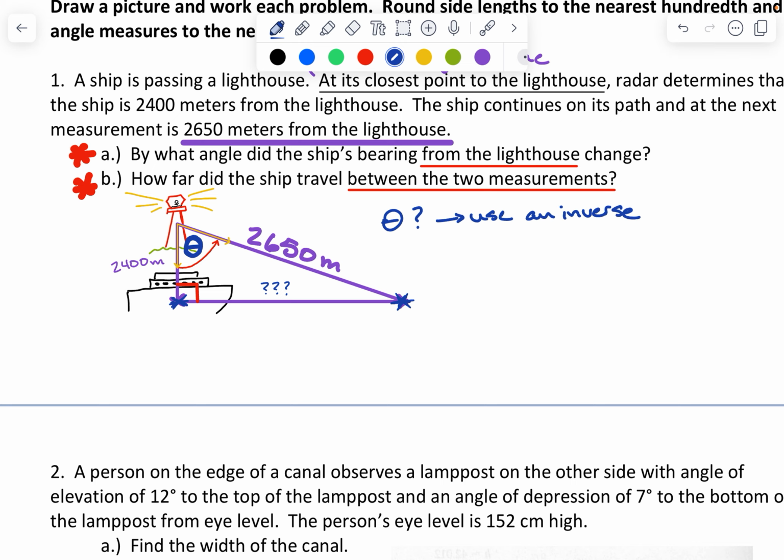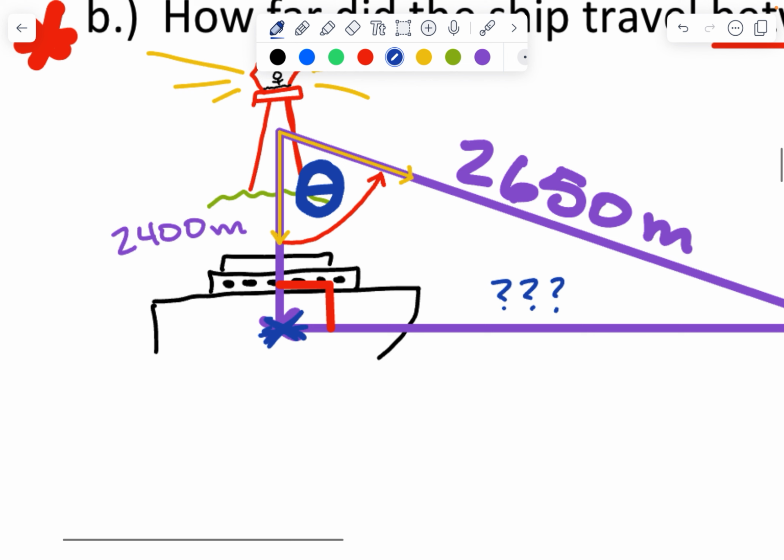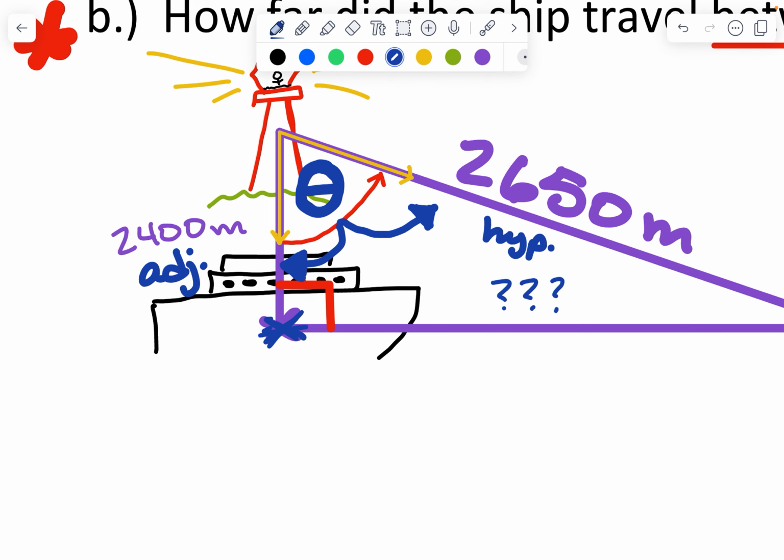So let's set up what we know. From this angle, we know the side next to it. That is called the adjacent. And we know the side across from the 90. That is called the hypotenuse.